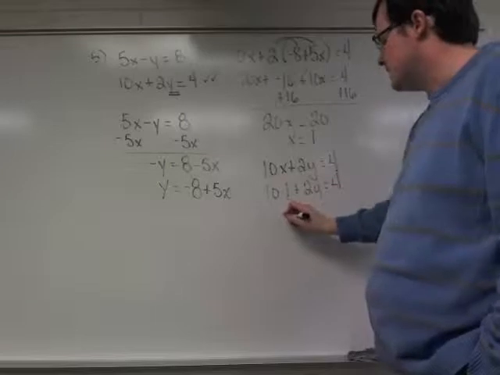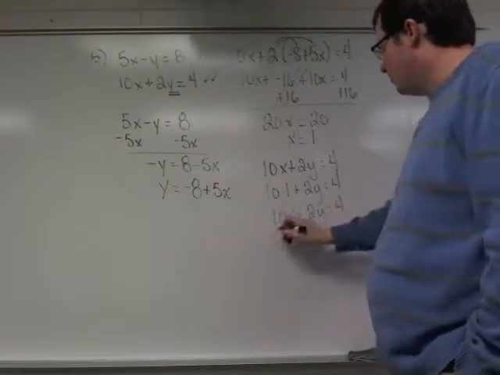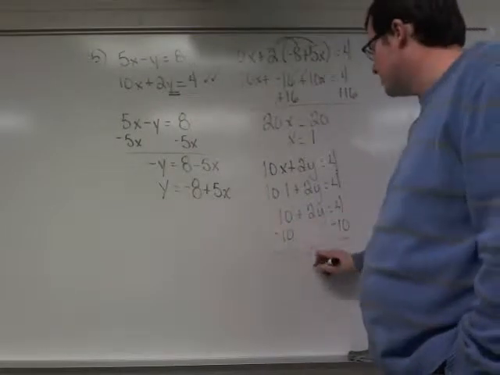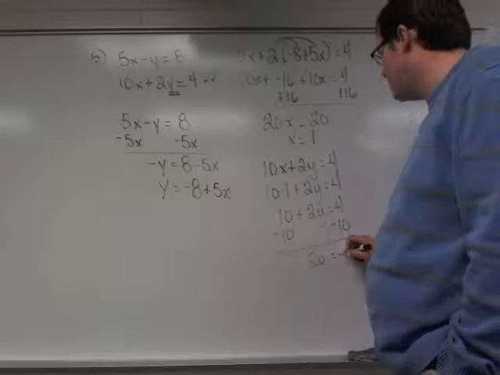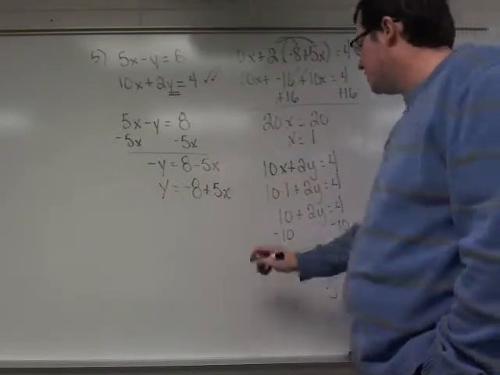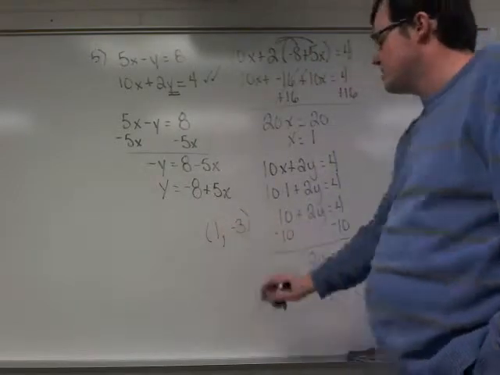Well, that's the same thing as 10 plus 2y equals 4, or if I go through the process of solving the equation, sending the numbers to the right side, I end up with 2y equals -6. That means y has to equal -3. So my solution to the system of equations, 1, -3.